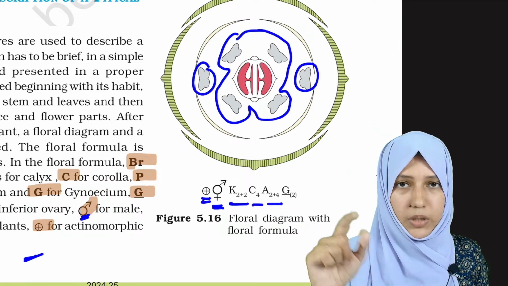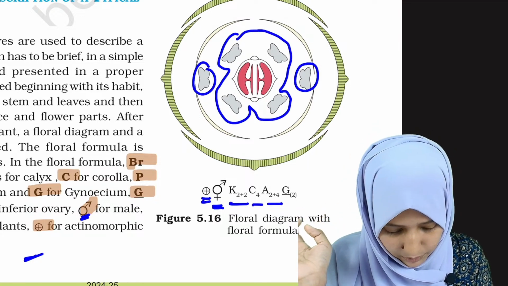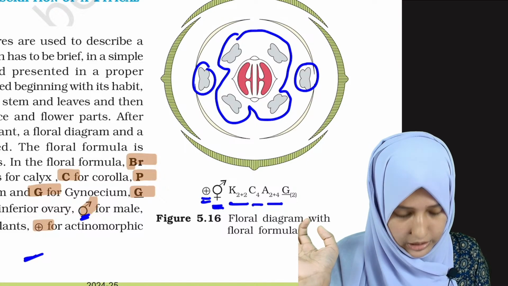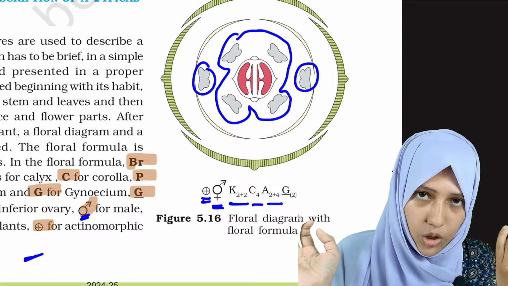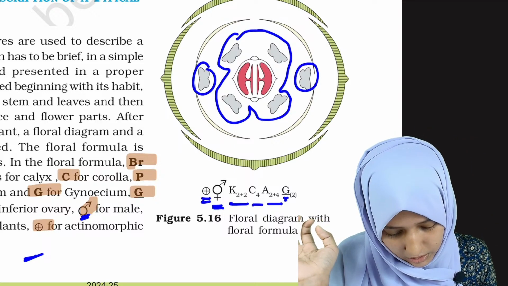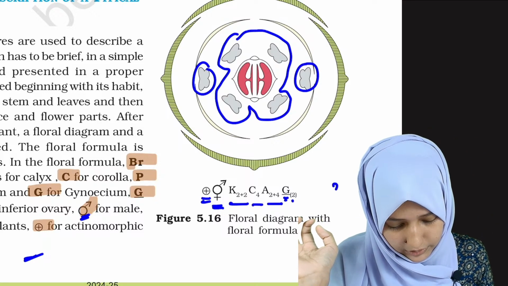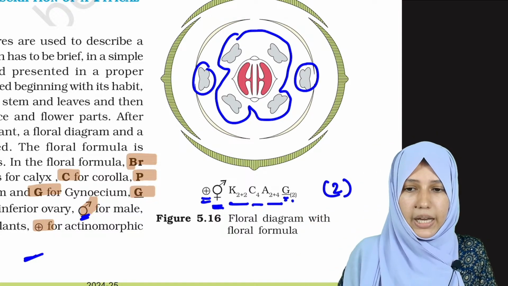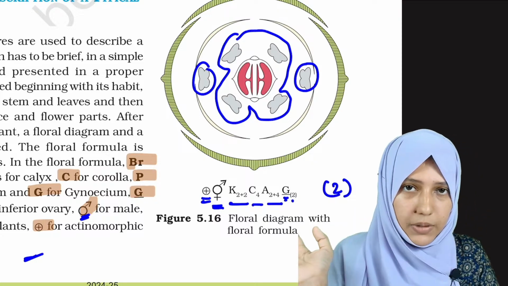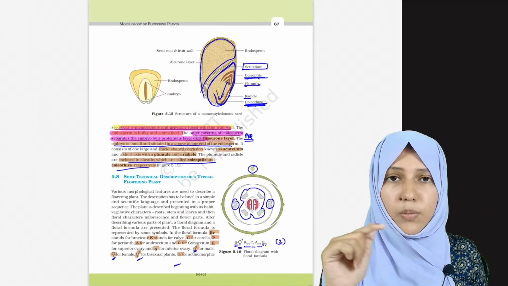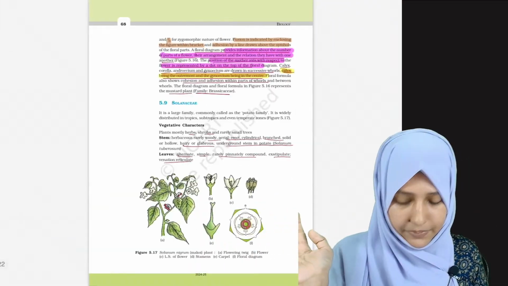So 2 plus 4 bundles of androecium, and the inside one is the gynoecium. Under G there is a line, which means the ovary is superior, and since a bracket is given around the 2, there is fusion of the two carpels. Clear? So this is the floral formula of mustard or Brassicaceae.